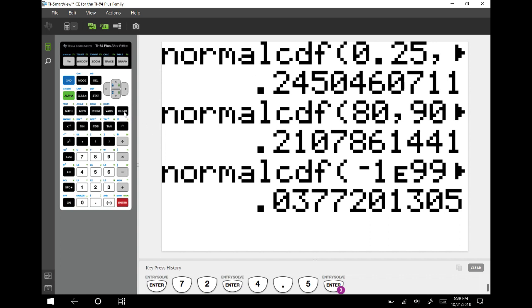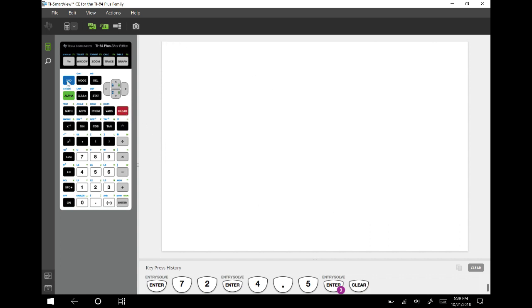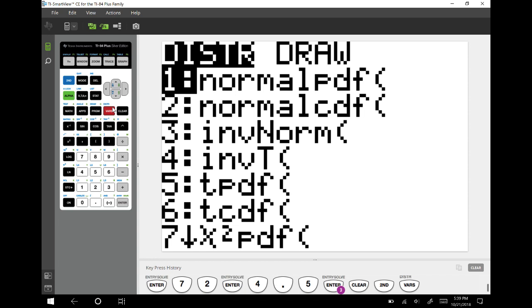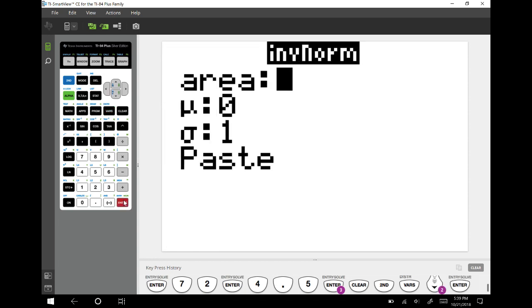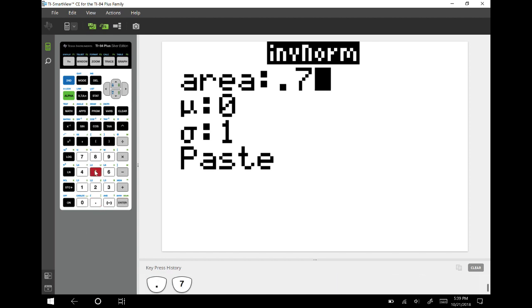So let's clear this screen out. Second vars, inverse norm, number 3, hit enter. As you see, my calculator is updated. Remember, if you're not updated, you have to put in 3 things for inverse norm, comma separated. We said the area to the left was 75%, so 0.75. The mean is not 0 anymore.